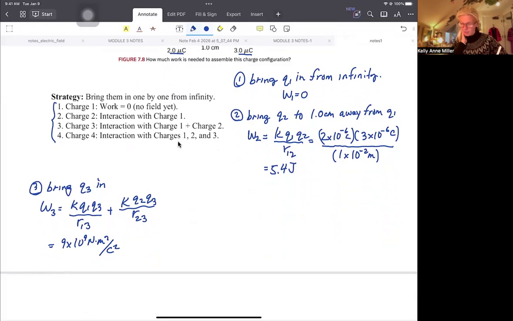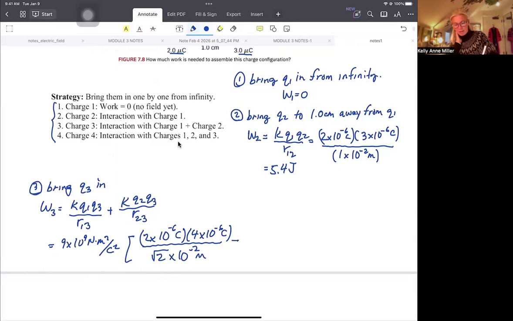And then it's just gonna be 2 times 10 to the negative 6 times 4 times 10 to the negative 6 divided by root 2 times 10 to the negative 2 meters. So that's the distance between 1 and 3. And then I'm going to add to that the product of charge 2 and 3. So that's 3 times 10 to the negative 6 times 4 times 10 to the negative 6.